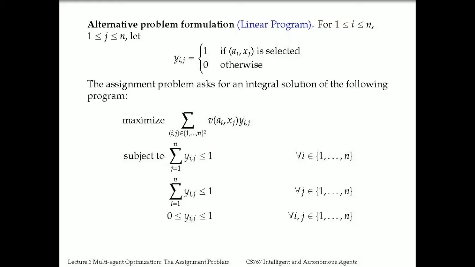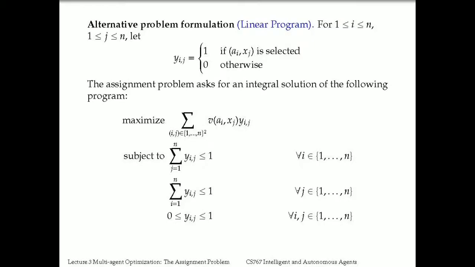But we also need to require that the y values satisfy some constraints. For example, the sum over all of the j's from 1 to n of y_ij is bounded by 1, so it cannot be bigger than 1. Right? Given that each of the y_ij is just an integer, this means that every agent can receive at most one item.